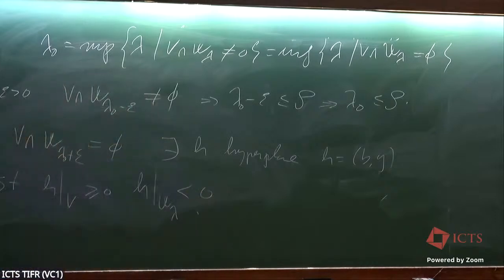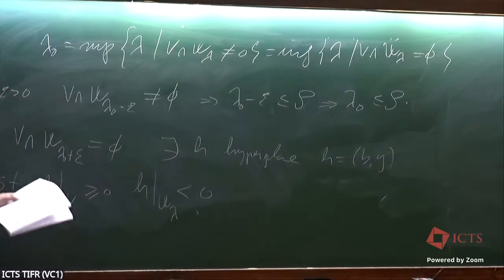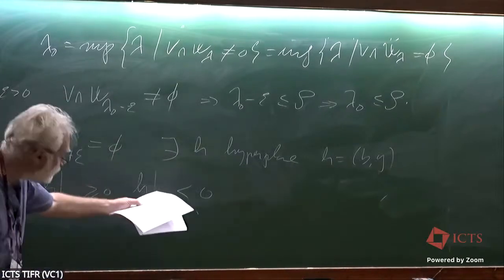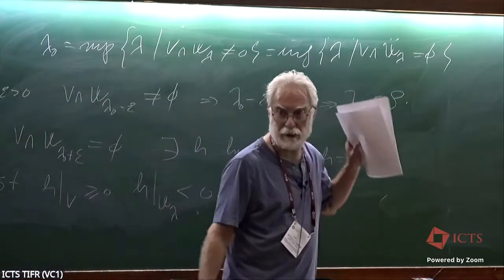One can find a hyperplane that separates these two in a very strong sense. Not that it is bigger or equal than 0 on one side and smaller or equal than 0 on the other, but truly it is bigger or equal than 0 on one side and strictly smaller than 0 on the other, and it is just a linear condition. Okay.